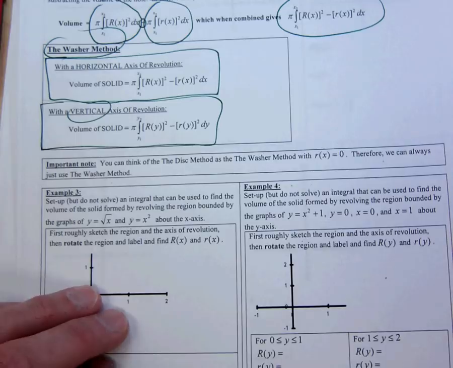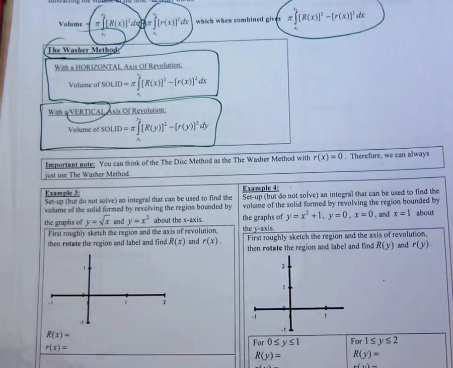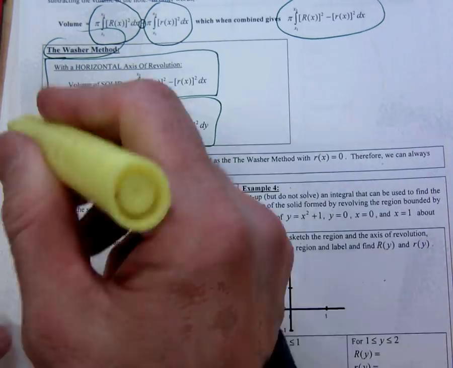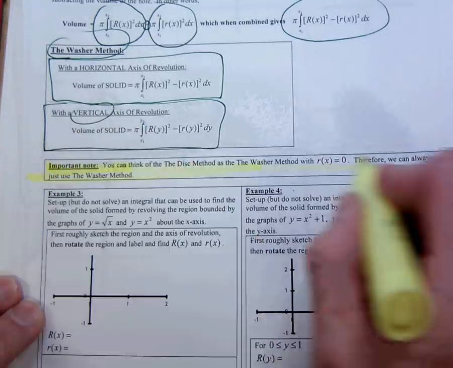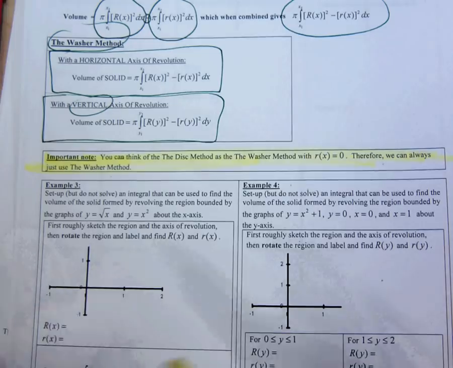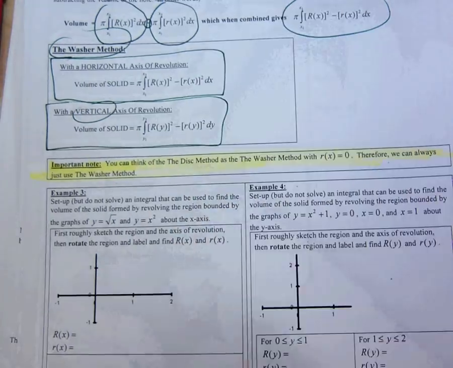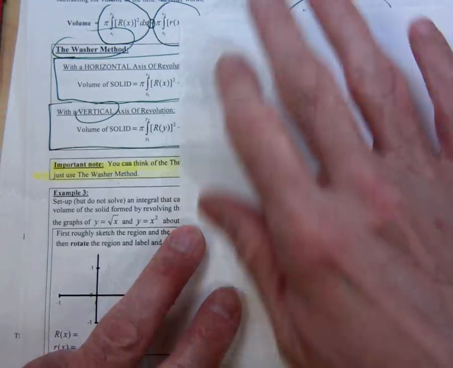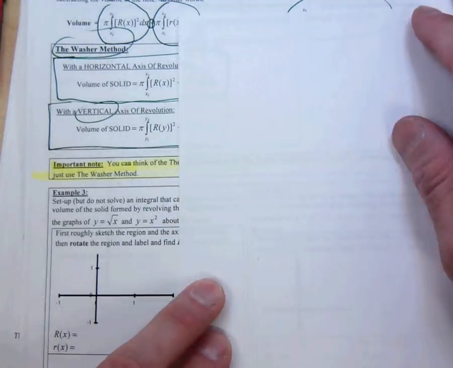Got it? All right, now think about it. Read this. Everybody read this. The disk method that I did a minute ago is just simply the same as the washer method, except that little r turns out to be what? 0. And so if you take little r out of these formulas, don't you just get back to the disk method?